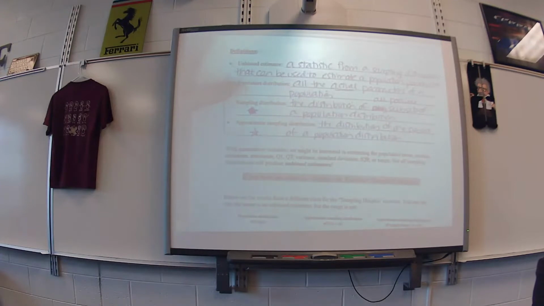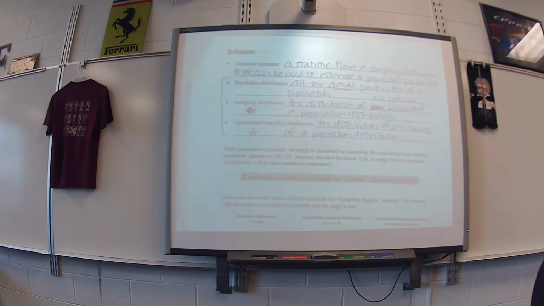But if you graphed all the different ways that you could draw 20 poker chips, that is the population distribution, okay? Let me rephrase it. That is the sampling distribution because you're taking the sample. This one lists all the possible ways that you could pick 20 chips, okay?